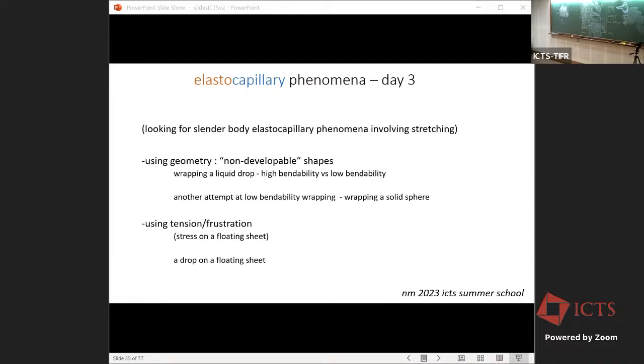And basically, the 2 things I'm going to try. One is to try and really get something wrapping around in 3 dimensions. And maybe that'll involve stretching. And the other is put something under tension and then start poking it. And that maybe will also excite this mode. Okay, so I'll cut in and out a little bit. I'll tell you about why tension, where you get the tension from.